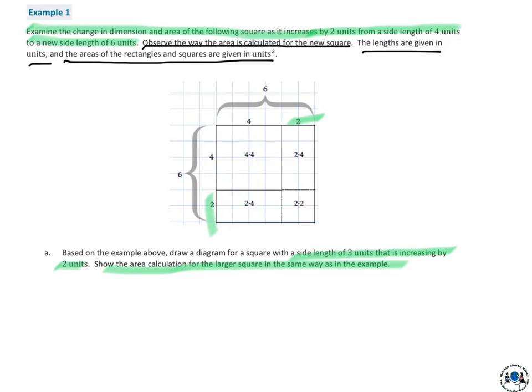So you're pretty much going to create another one of these, but this time you draw a diagram for a square with a side length of 3 units that is increasing by 2 units. So it starts at 3, increases by 2, versus this one that started at 4 and increased by 2. So you're going to do the same thing. Draw your own depiction of that, and again, graph paper is a great place to do it.